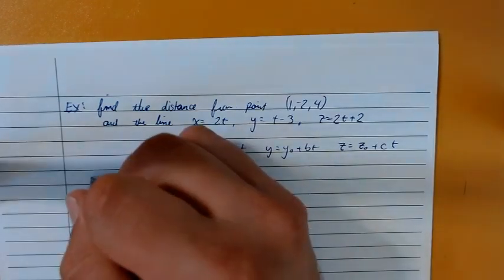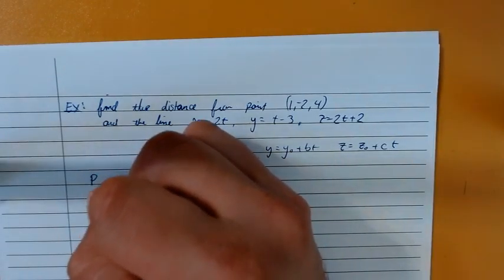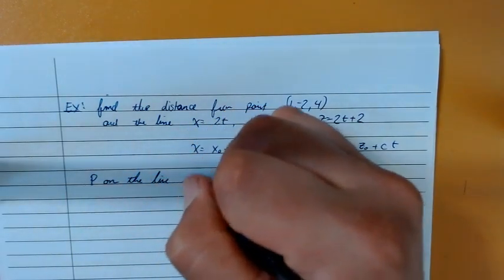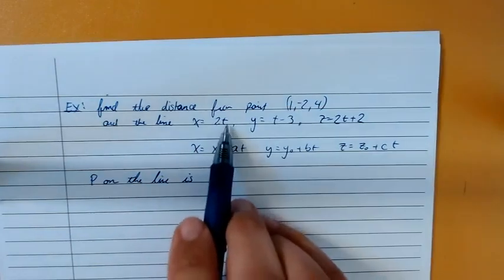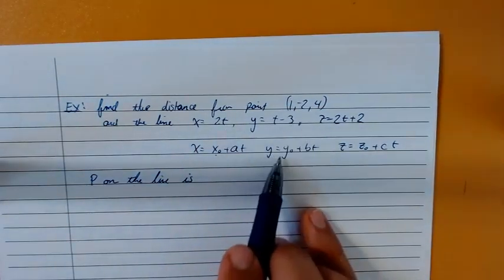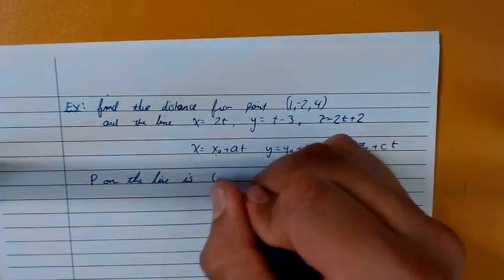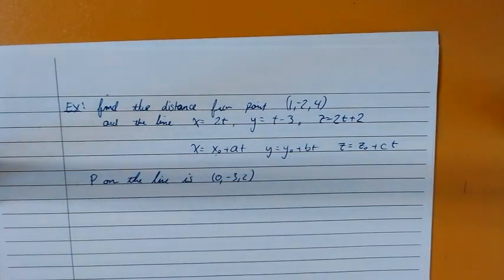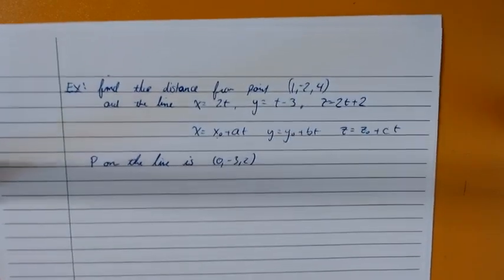So that means that the point P on the line is 0, negative 3, and positive 2. Are there other points on that line? Of course, there's infinitely many points on that line, but that one works and it's fairly simple to come up with.